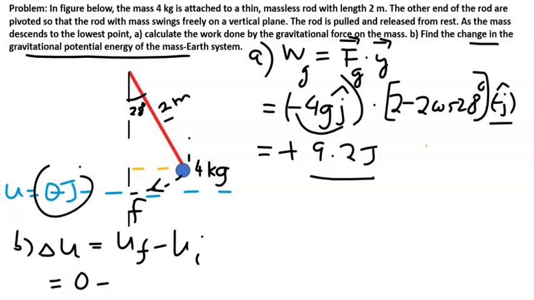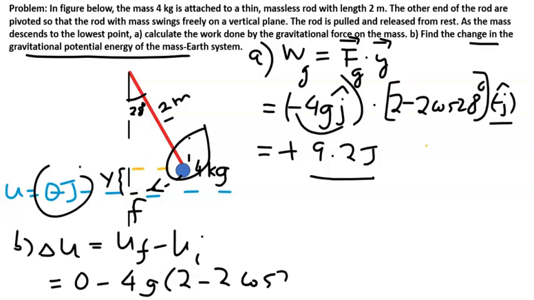The initial gravitational potential energy, namely the gravitational potential energy of the system when the mass is there, is given by the mass, which is 4 kg, gravitational acceleration g, and the height from the 0 level. In this case, let's call it y, and we know what y is. It is 2 minus 2 cosine 28 degrees.